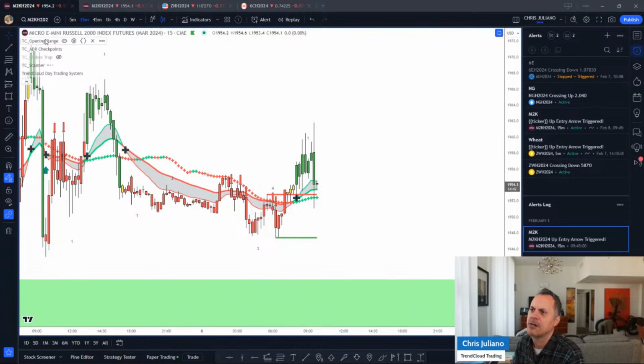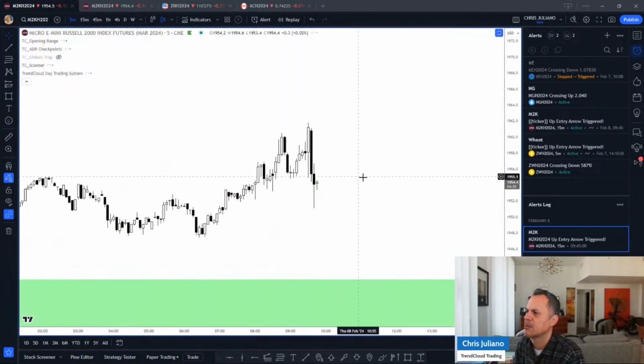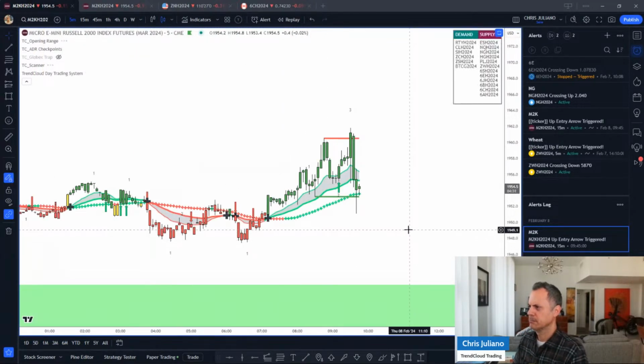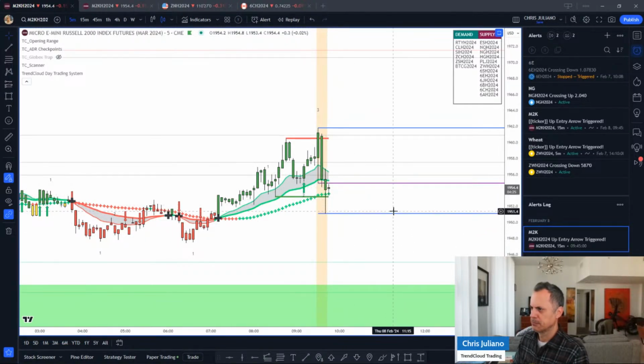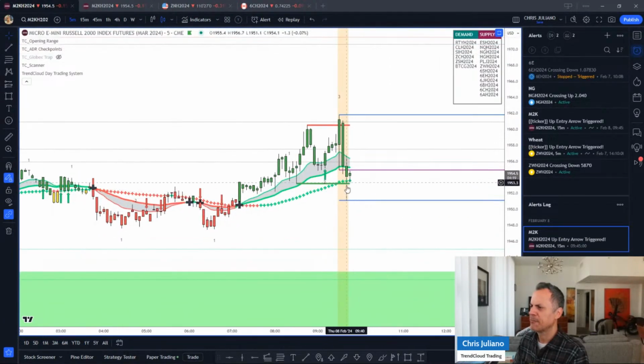Up arrow on the M2K 5 minute. What happened here? Let's see. Up arrow is starting to form. We got a flash of it. Okay.